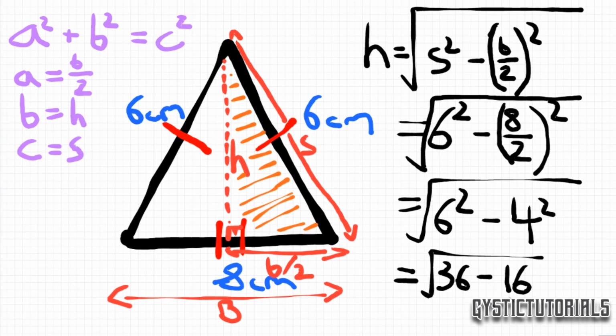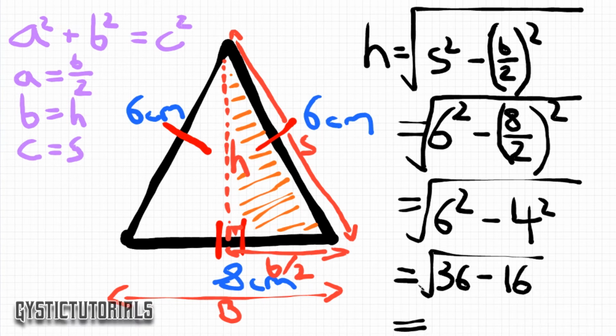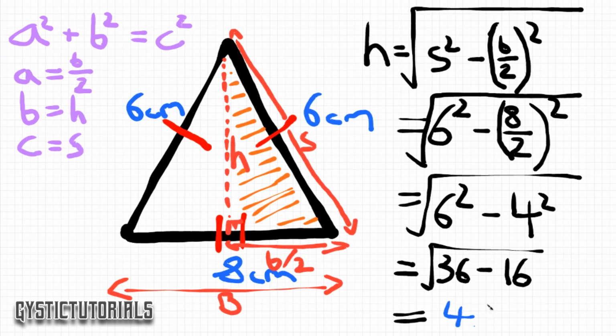And then you want to punch this into a calculator, or you can work it out yourself if you're a wizard. But I'm not, so I'm going to quickly punch this into a calculator and get the final result for H. The answer was 4.47. I'm only doing the first 2 decimal places because it ended up being very long, so centimeters.